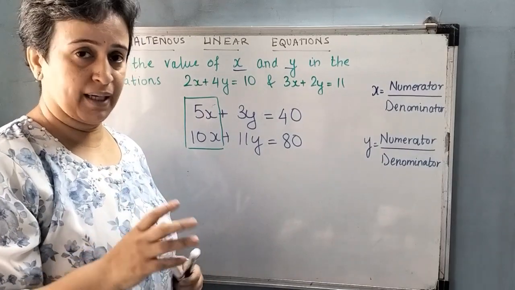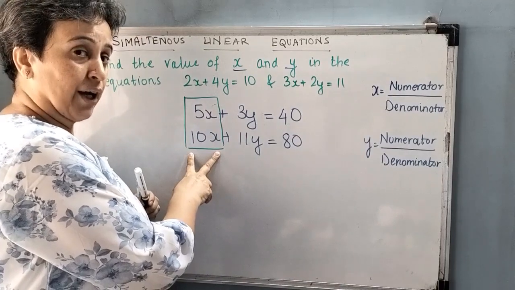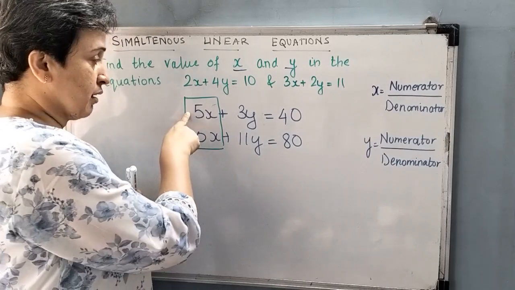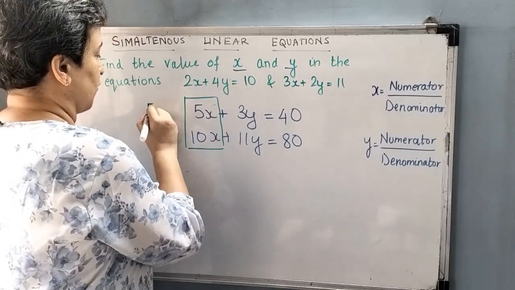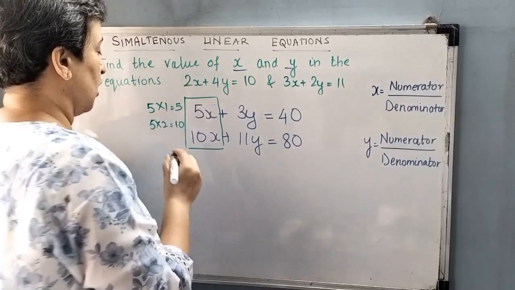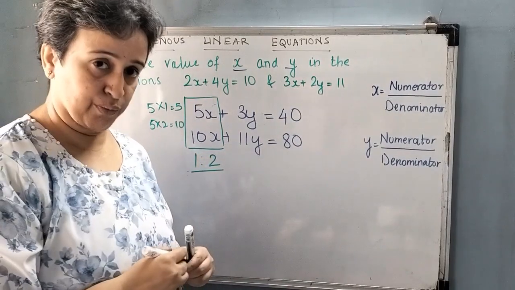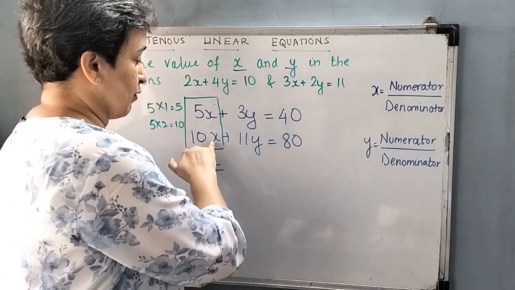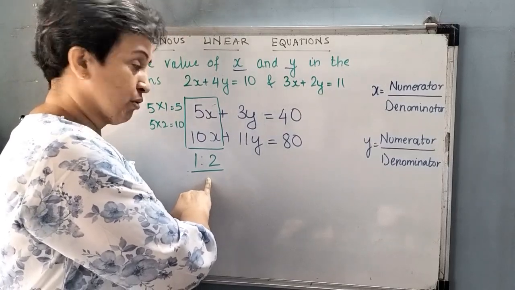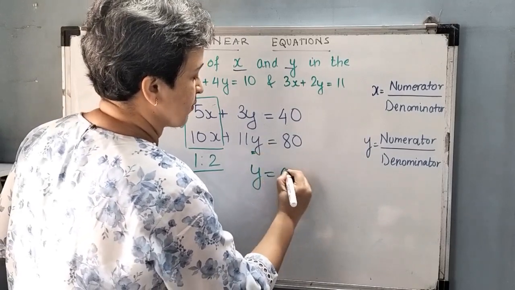To understand in simple language: the number 10 comes in the table of 5, so I will say that these coefficients are in the ratio of 1:2. So the other variable becomes 0.